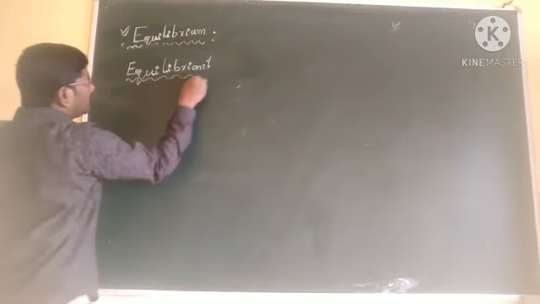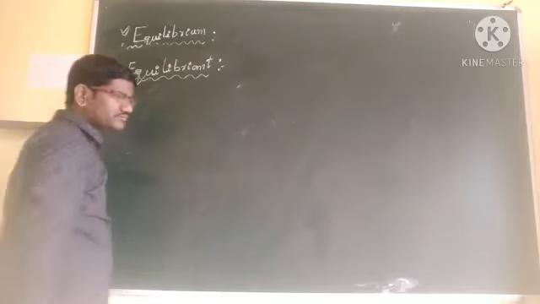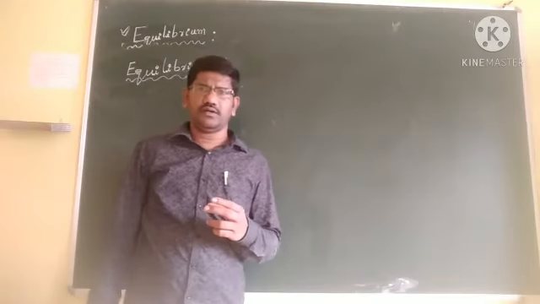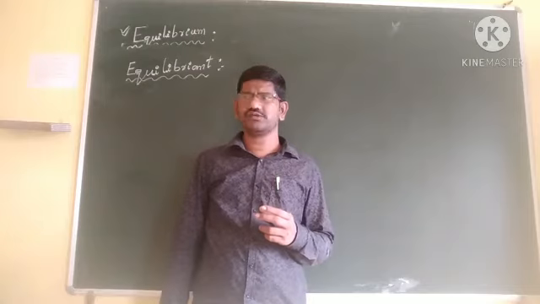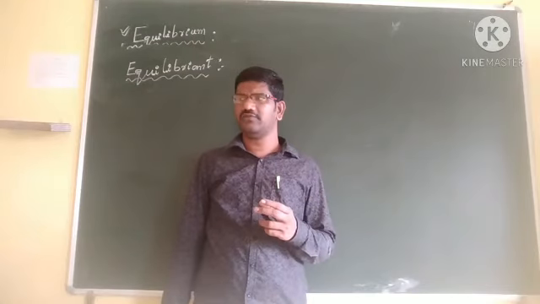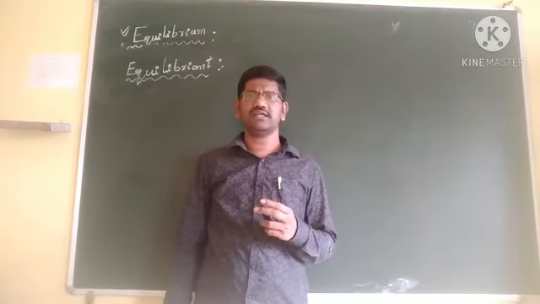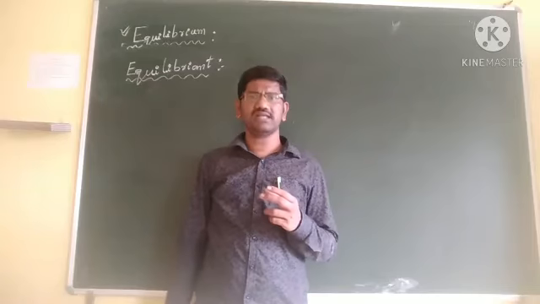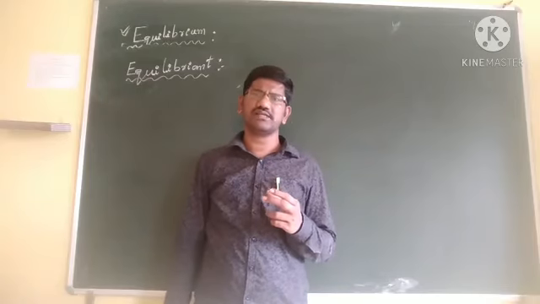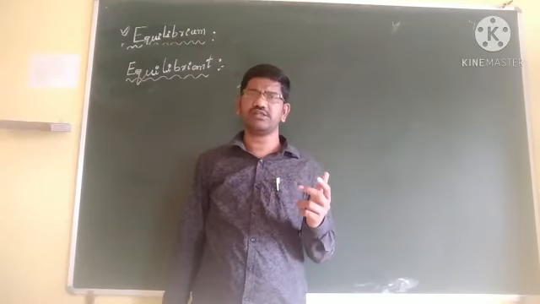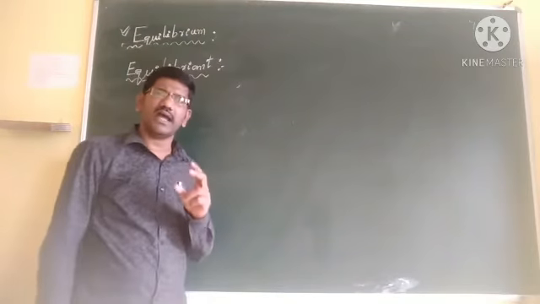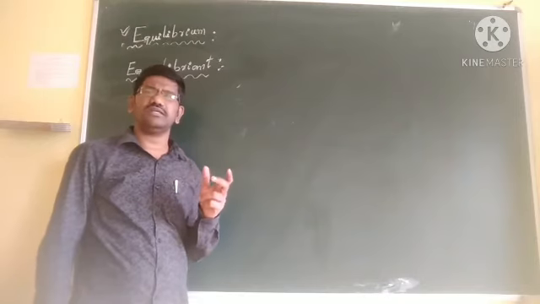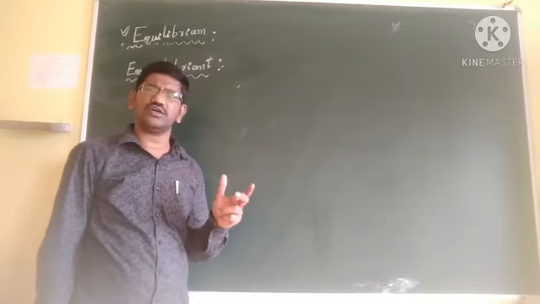When a single force balances a set of forces which act on the same particle, then that single force is called equilibrium. This equilibrium force is equal in magnitude and opposite in direction to the resultant force.